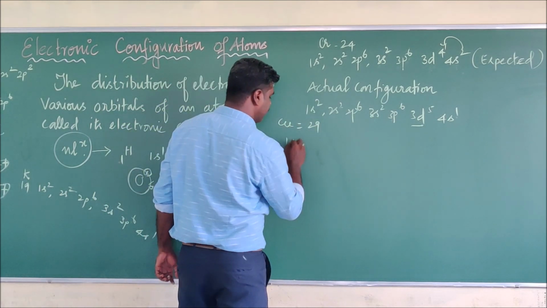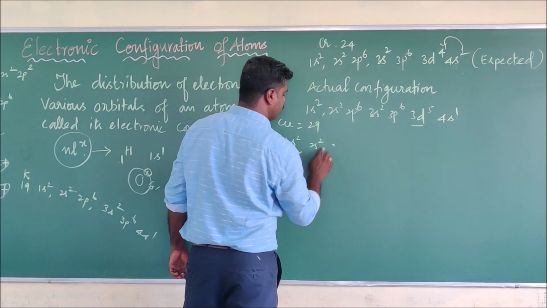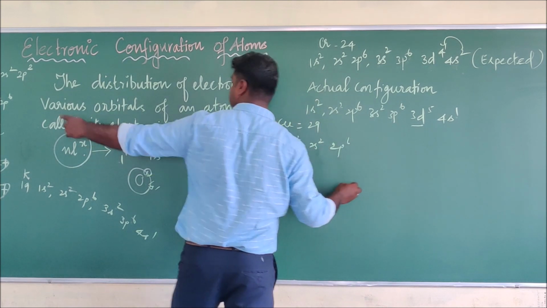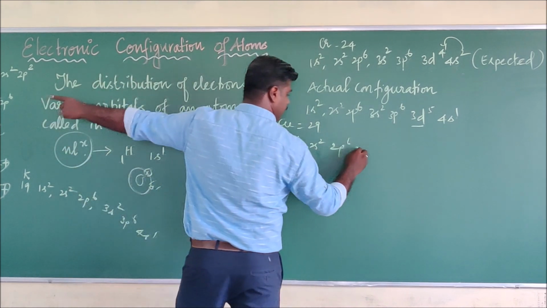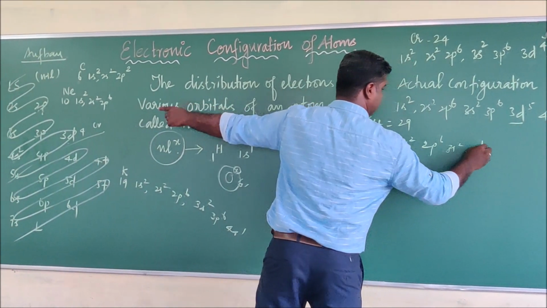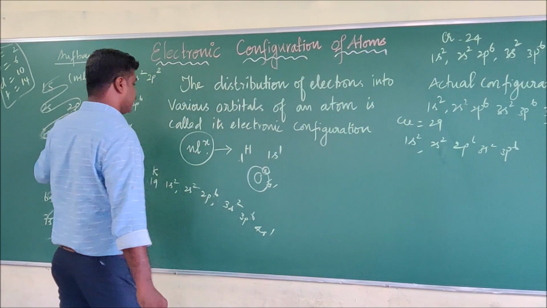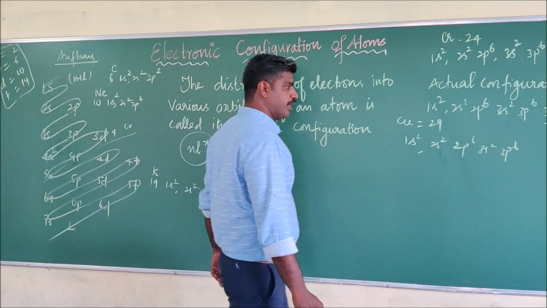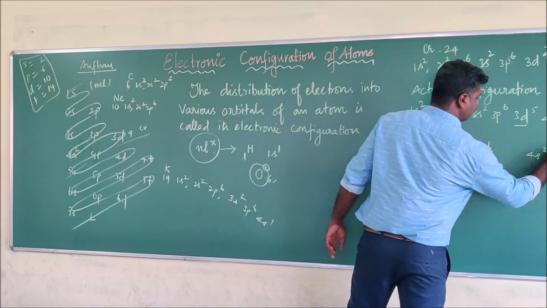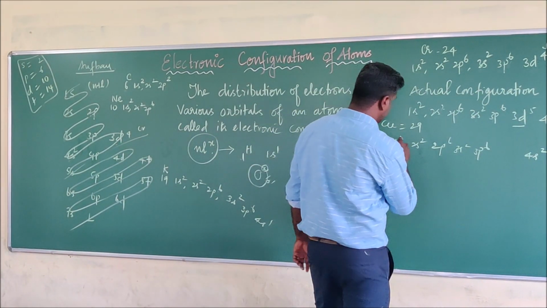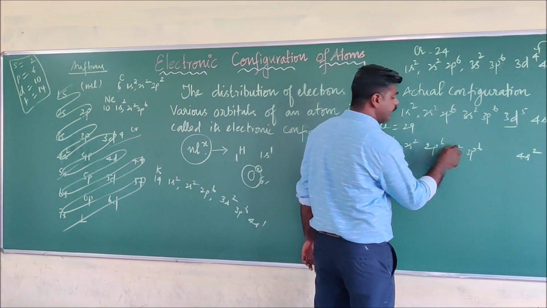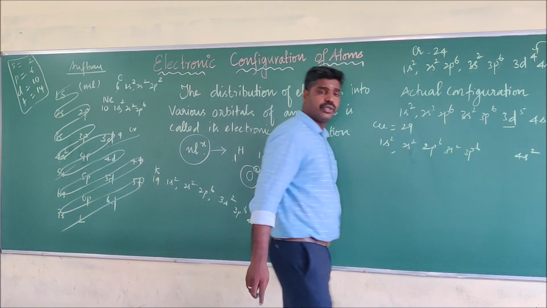Okay, I am going to write the electronic configuration: 1s2, 2s2, 2p6, then 3s2, then 3p6. Okay, 3p6 is finished. We have to write 4s2. Then check: 2, 4, 10, 12, 18, 18 plus 2, 20.